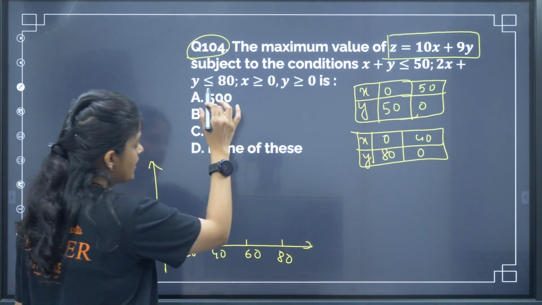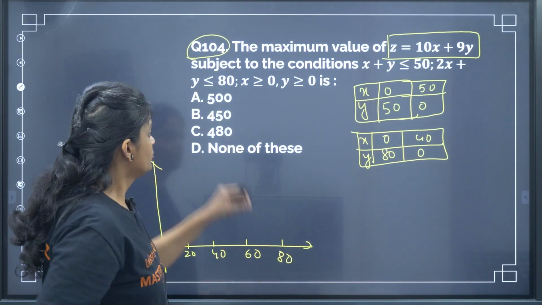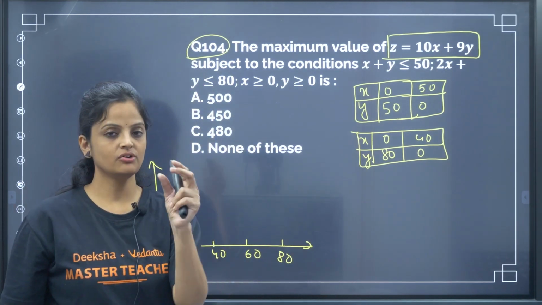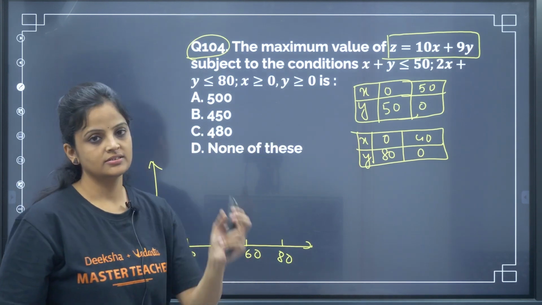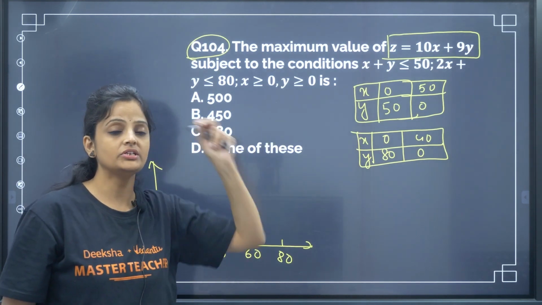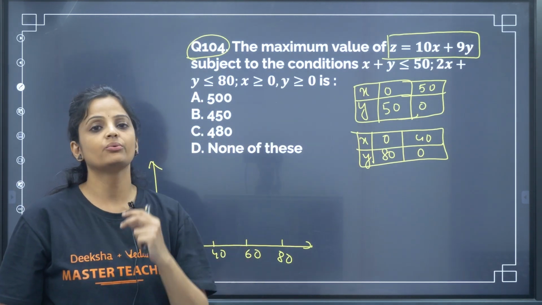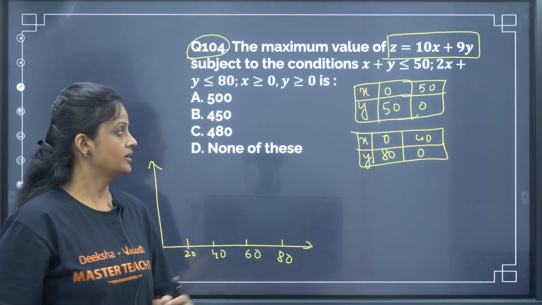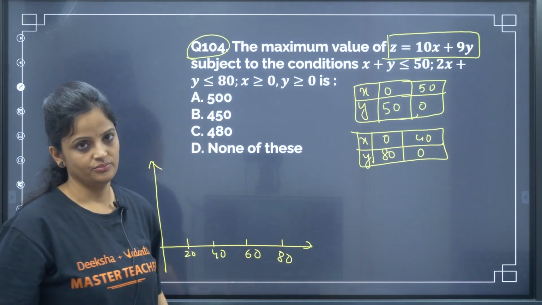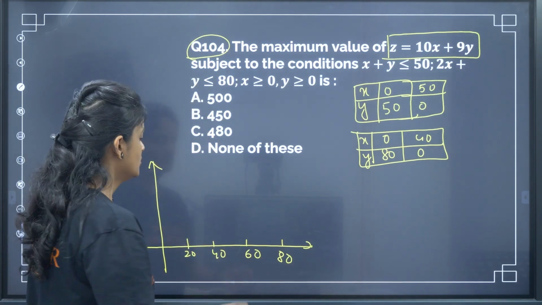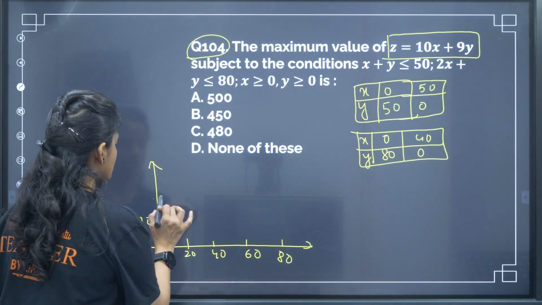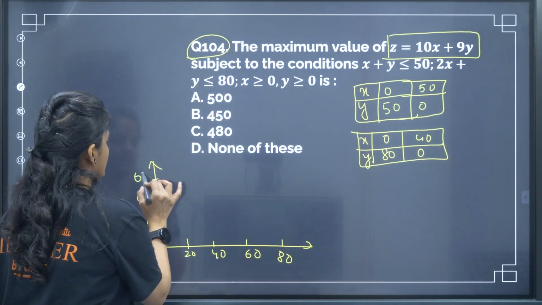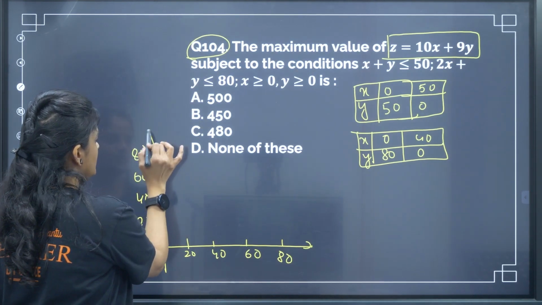Because if they ask you what is the region, you don't have to do all this. If they give you the equation and tell the solution region is given, from which equation you have got that, that is simple. They are asking you the maximum value. Which value is getting. So I need to find out the corner points at least. If I get the corner points, work is done there.